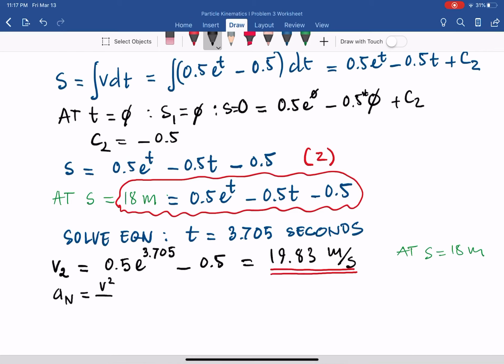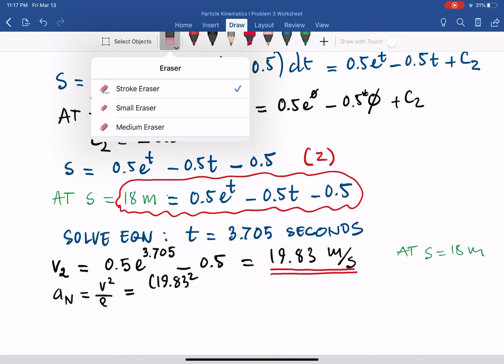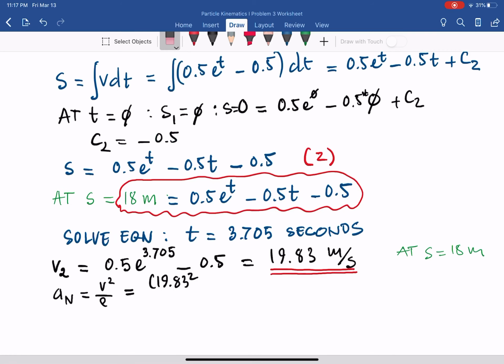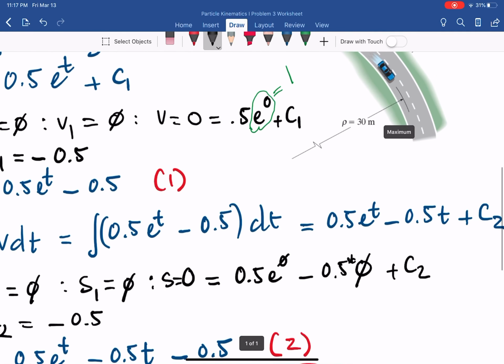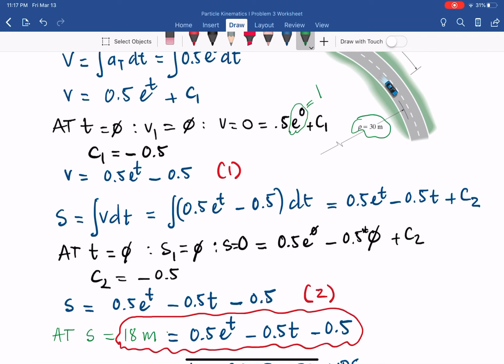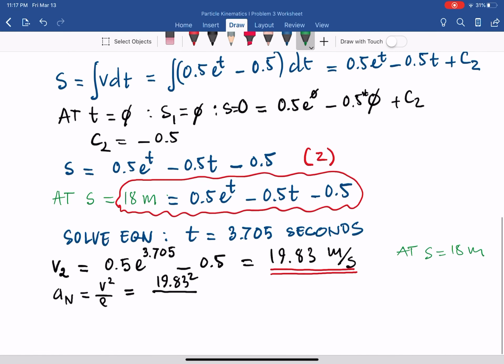So similarly, we can find the two acceleration components, an and at. an equals v squared over rho, and plug in v, we already have 19.83 squared over the radius, in this case 30 meters.